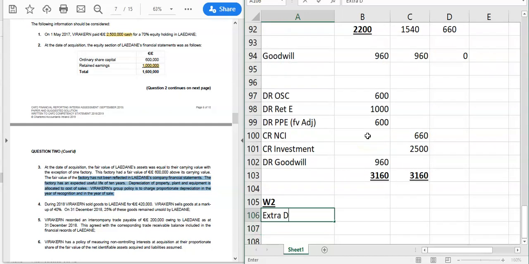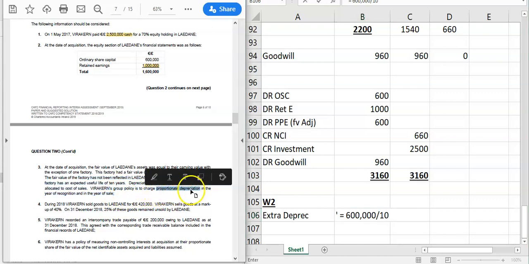So you have extra depreciation, and that is going to be 600,000 divided by 10 years, because the useful life is 10 years. We have to be careful here now is, it's the policy to charge proportionate depreciation. What that means, you go from the date of the transaction to the year end. So you're depreciating from the 1st of May 2017 to the 31st of December 2018.